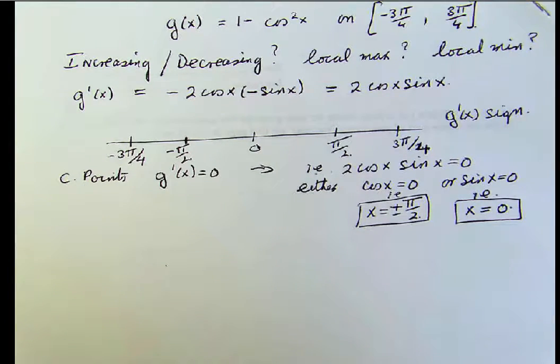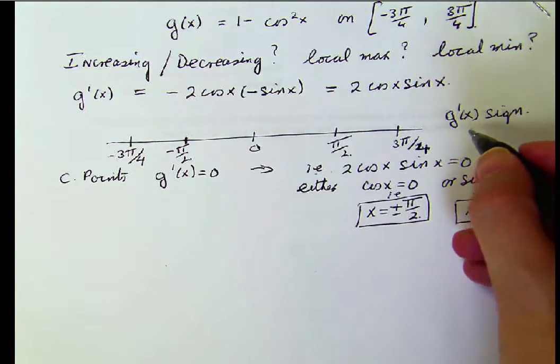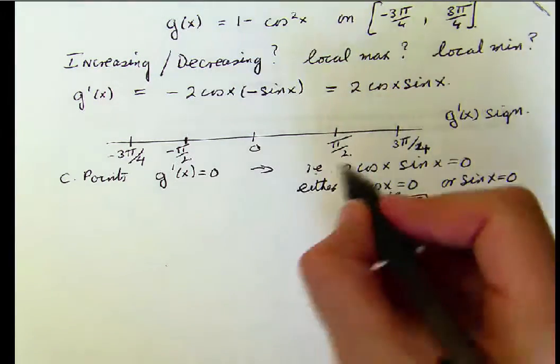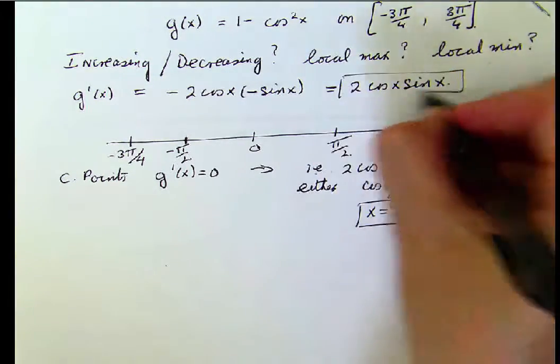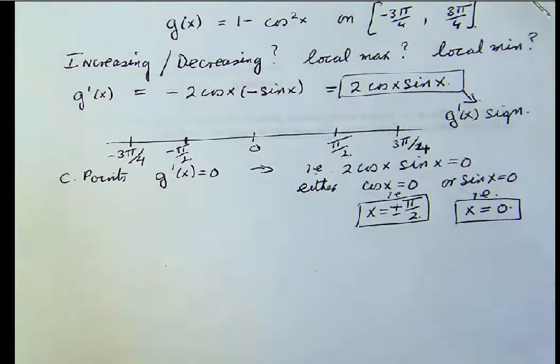So we know g prime of x is equal to 2 times cosine times sine. We can check the sign of this function by picking a point in each of these subintervals and checking whether g prime of x is positive or negative. And g prime of x can only change sign at these critical points.